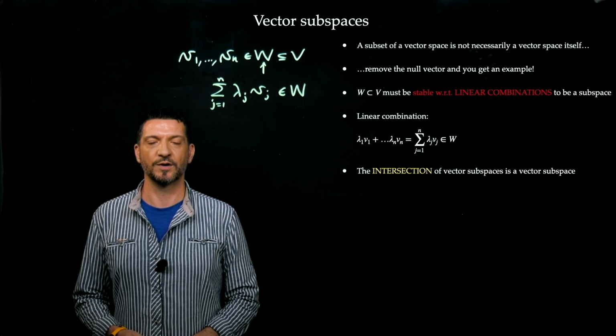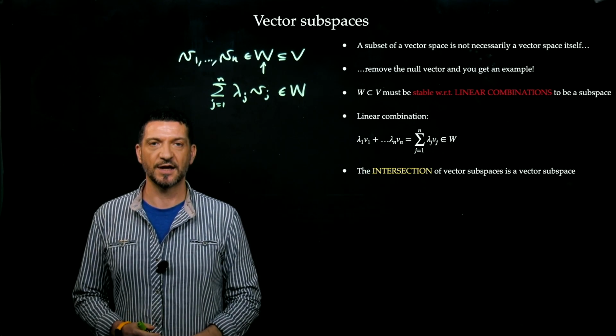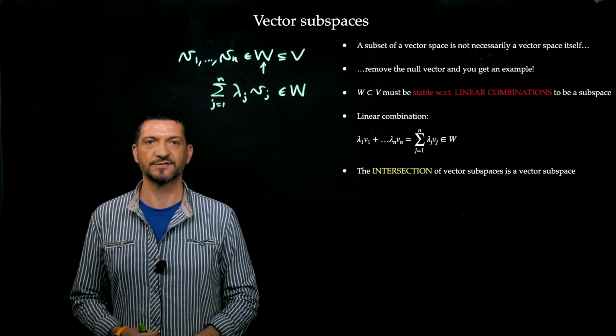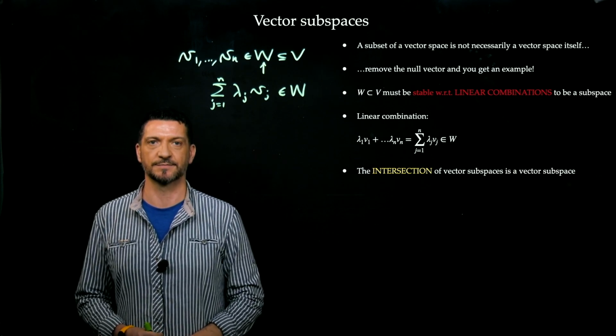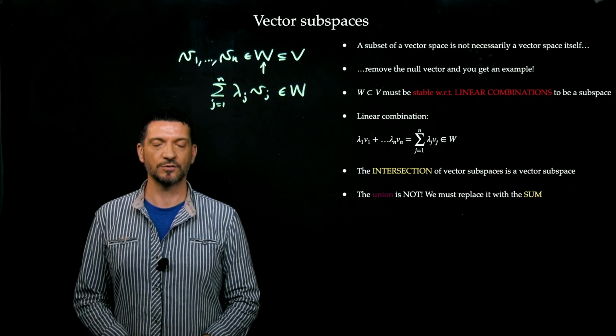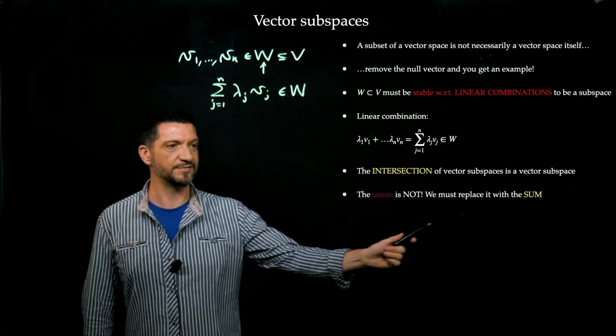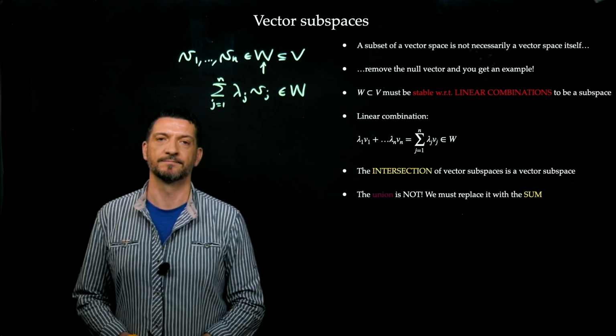The first one that we have analyzed is intersection. It turns out that the intersection between two vector subspaces is still a vector subspace. However, the union of two vector subspaces is not in general a vector subspace, and we have seen that we must replace the union with their sum.